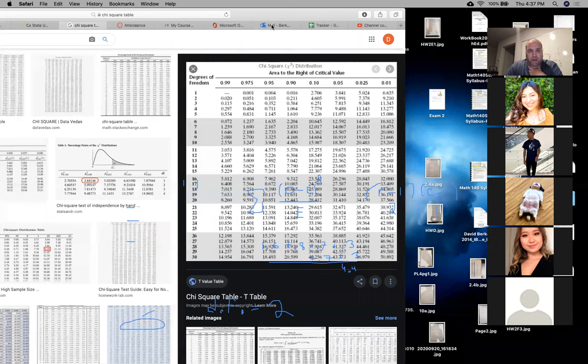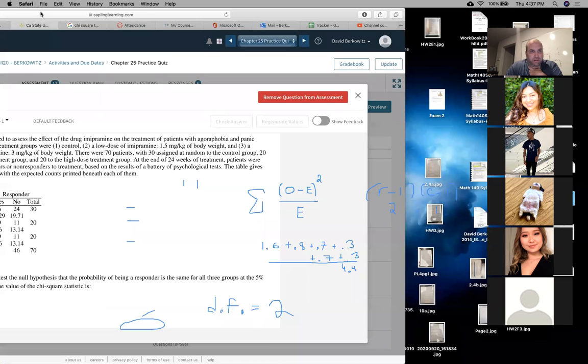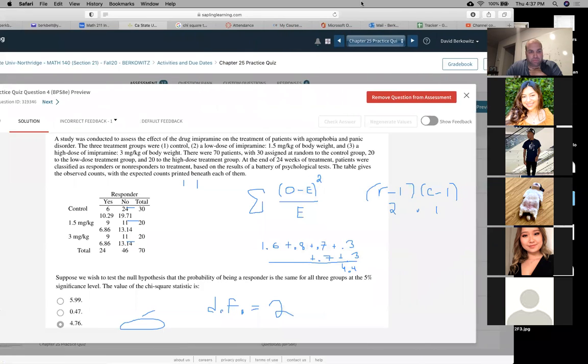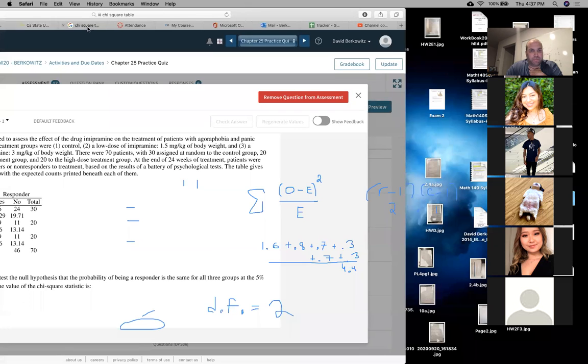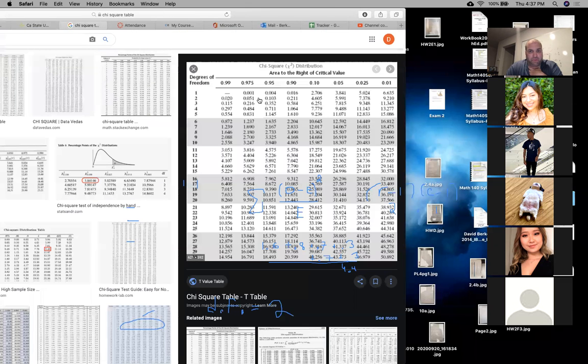So our chi-square statistic was what again? 4.76. With 2 degrees of freedom, 4.76 is between these two numbers, which is somewhere between 0.05 and 0.10, probably much closer to 0.10.